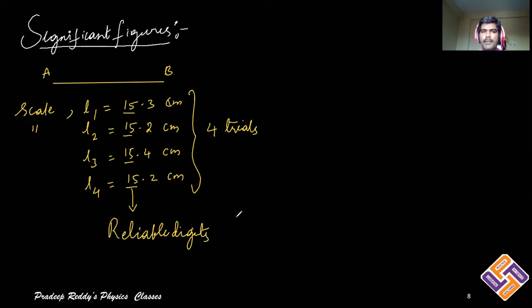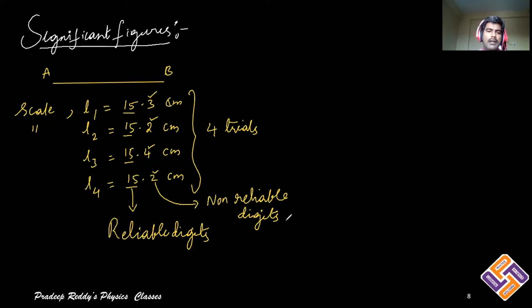Now coming to the last digit: here it is 3, here it is 2, here it is 4, and here it is 2. You are not certain about the last digit, and these are called non-reliable digits.